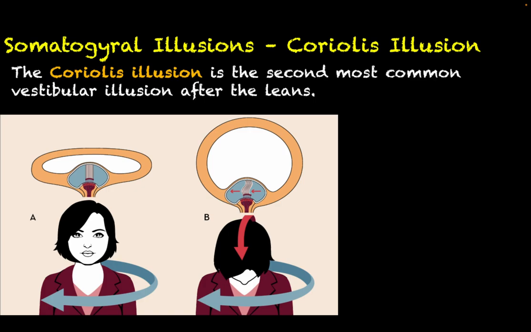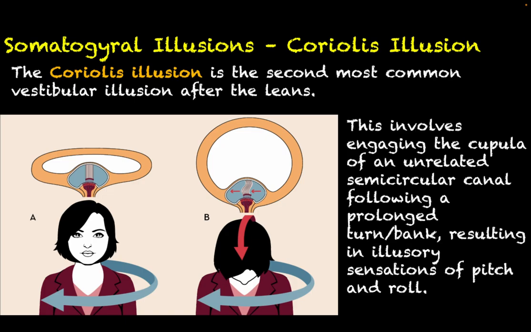Okay, so let's move on to what's called the Coriolis illusion. This is the second most common vestibular illusion after the leans. So this involves engaging the cupula of an unrelated semicircular canal following a prolonged turn or bank, resulting in illusory sensations of pitch and roll. So the idea here is that you turn into a bank and you start feeling fluid moving through one of your semicircular canals that accounts for your banking motion.